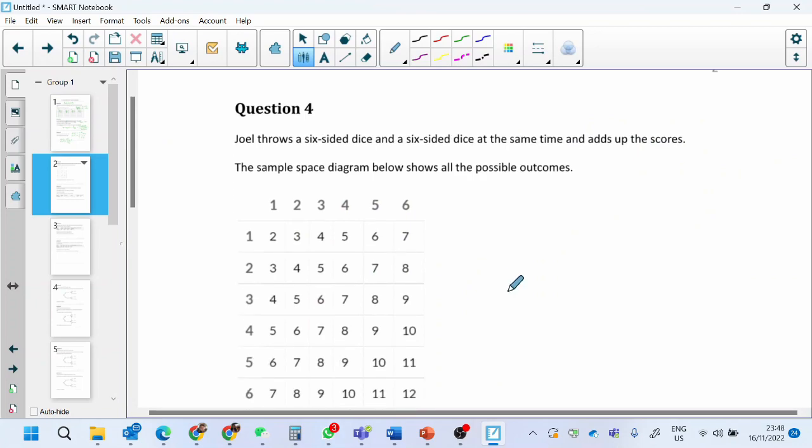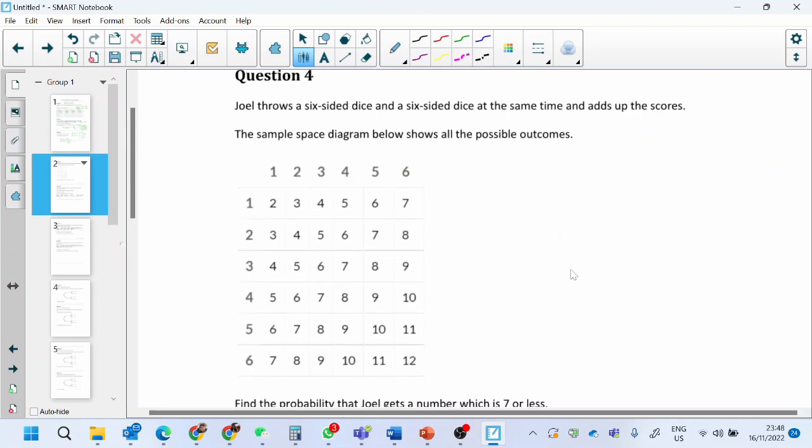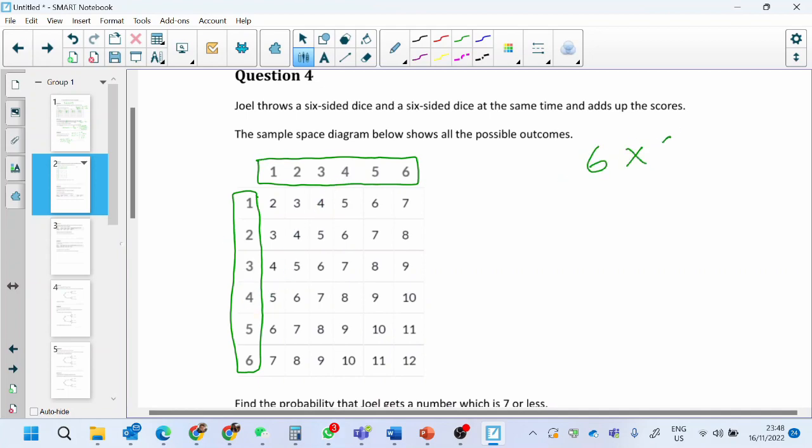In the next question, we have been given a sample space diagram in which there are two dice, and one die has six sides, and the other die also has six sides.